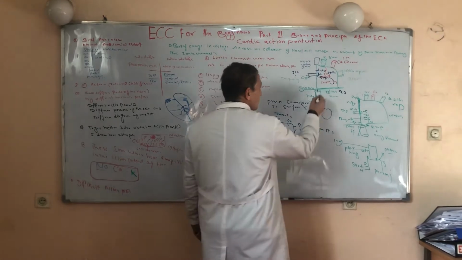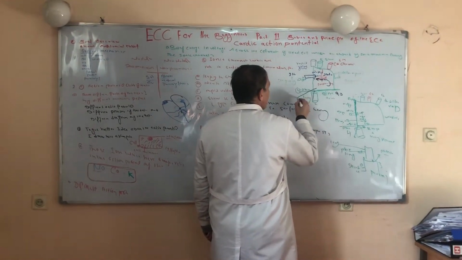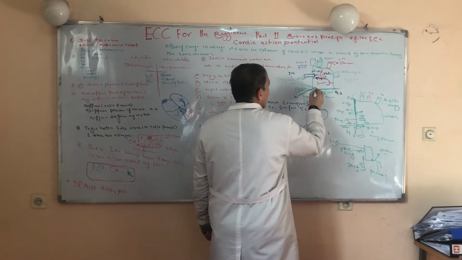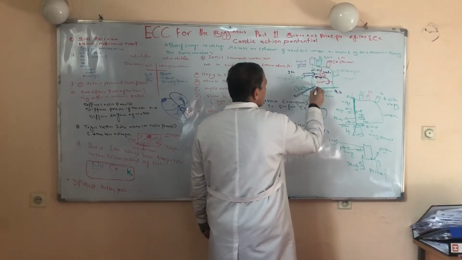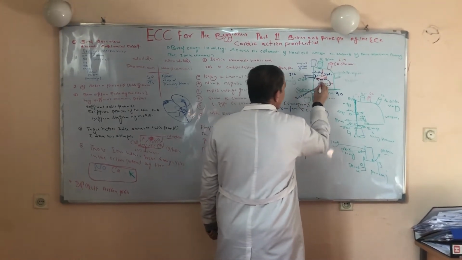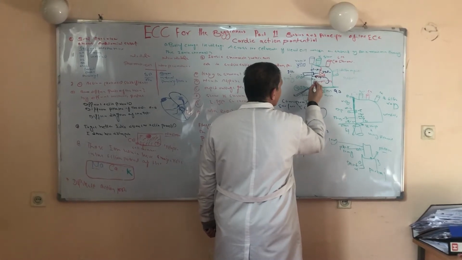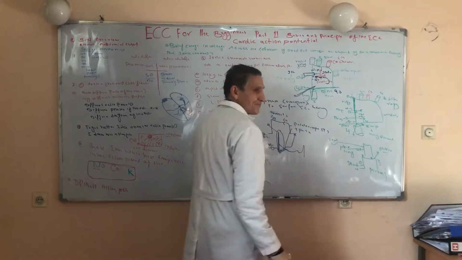As the leaky potassium channel is open, potassium is leaking from the inside of the cell to the outside of the cell, and this minus 5 millivolts becomes more negative, for example, to minus 30.